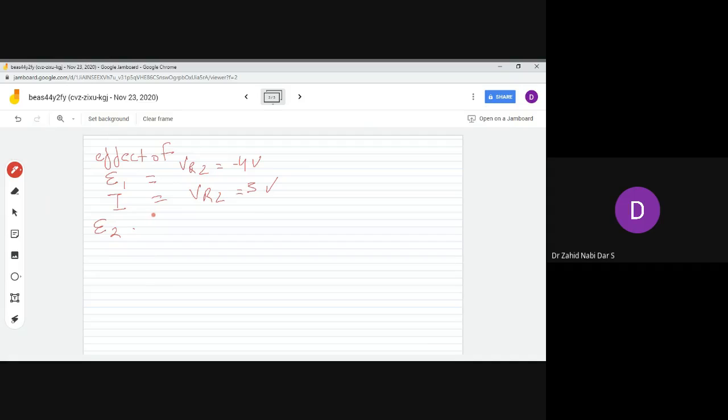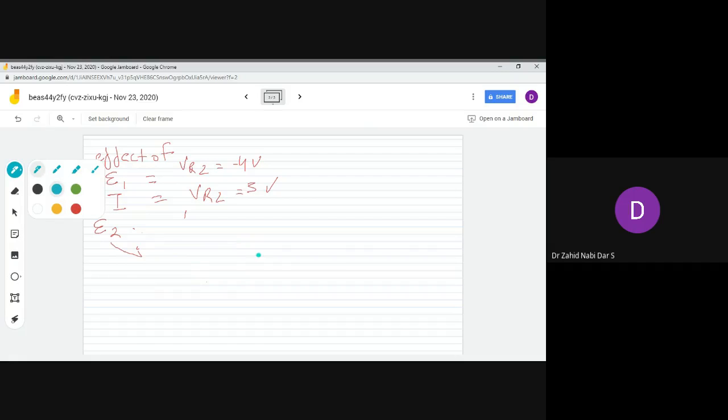When you take E2, what will happen to your circuit? You have to short circuit the voltage sources over here. You are shorting the voltage sources over here. I'll redraw the network. So even you short.